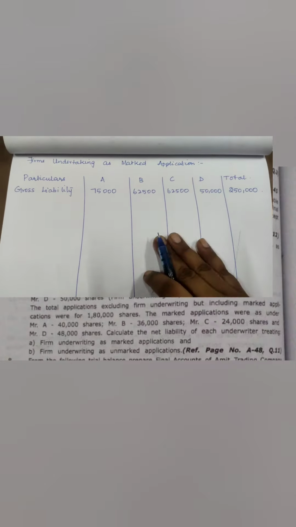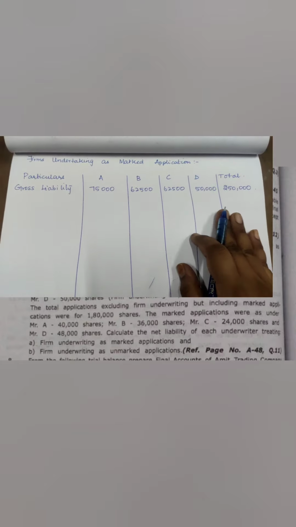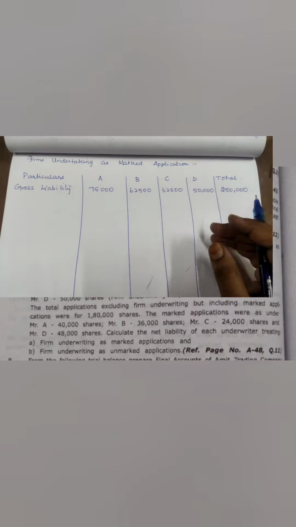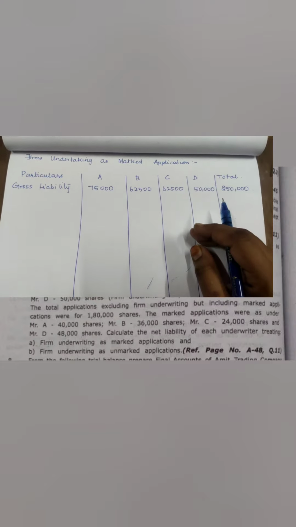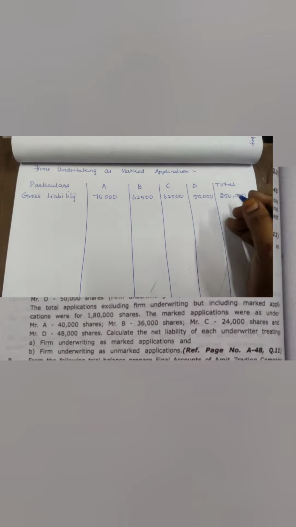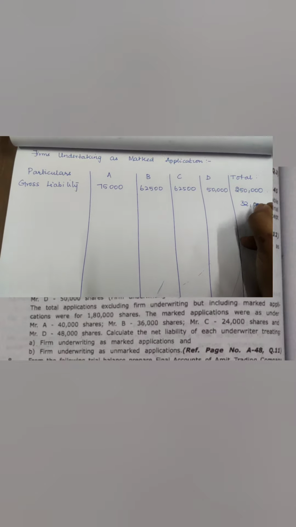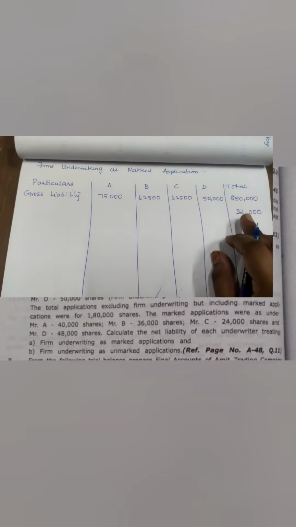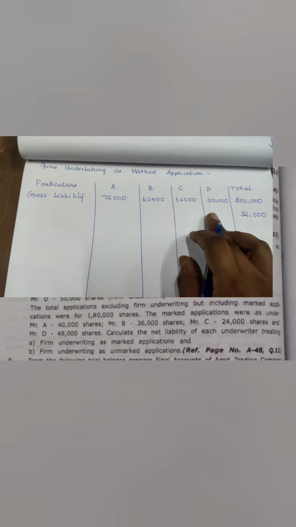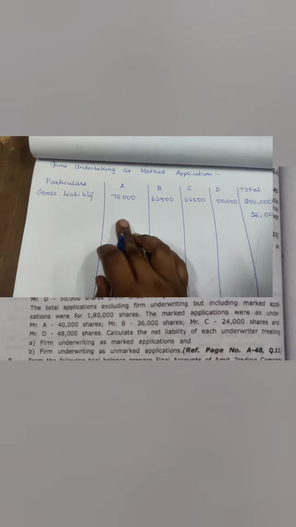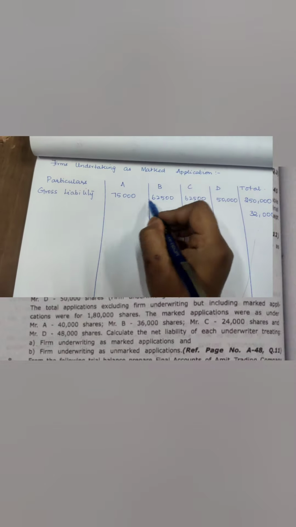But we have got the marked application, which is 1,48,000. We have 32,000 which is unmarked application. Now this 32,000 unmarked application, we are going to distribute according to this ratio.